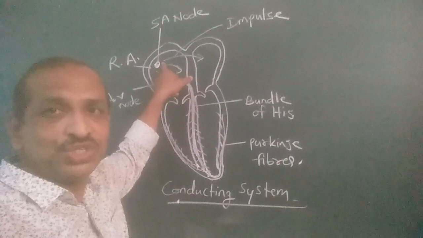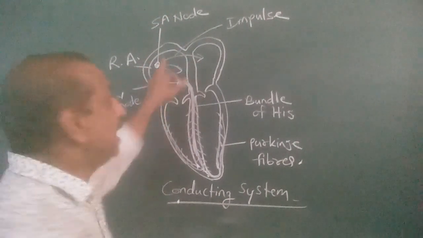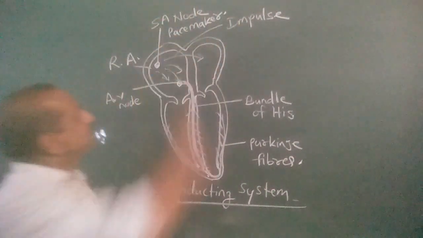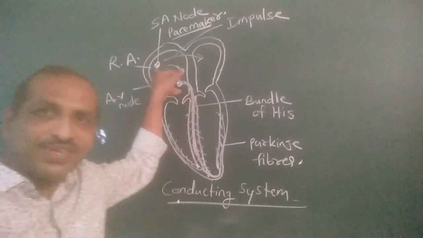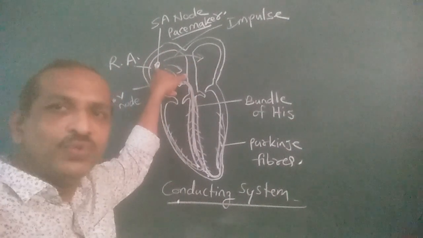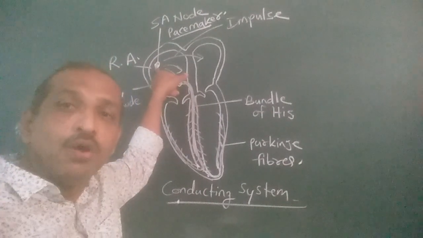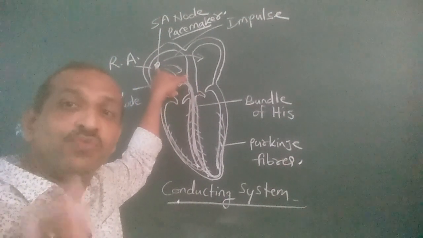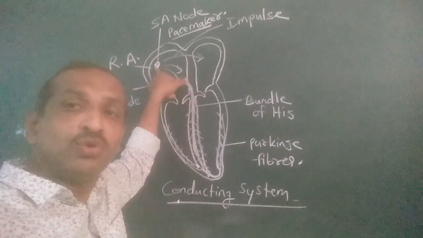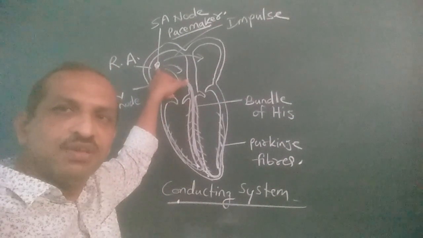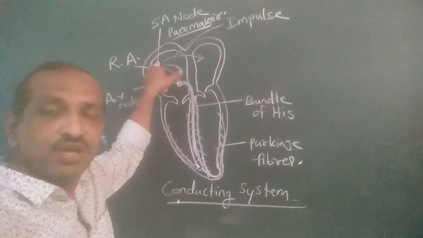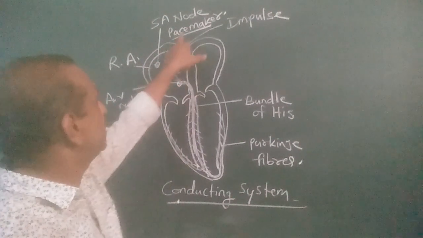This SA node is called the pacemaker, P-A-C-E-M-A-K-E-R, because it is a highly specialized node which is responsible for generating the first electric impulse, the electric current essential for the contraction of the heart muscles. In this way the SA node initiates the impulse, so it is called the pacemaker.